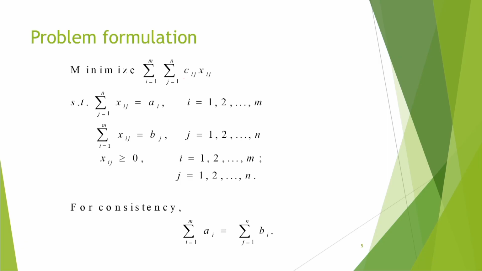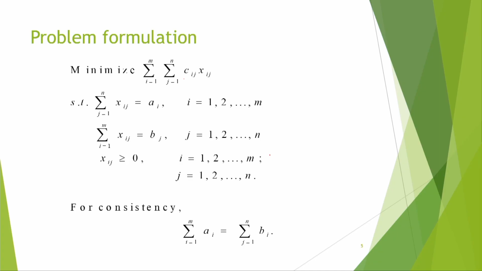But xij should be greater than or equal to 0, because you cannot supply a negative quantity. So naturally it must be greater than or equal to 0, where i equal to 1 to m are the m factories and j are the destinations.